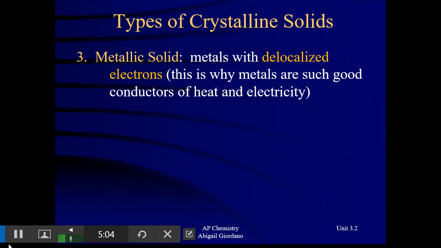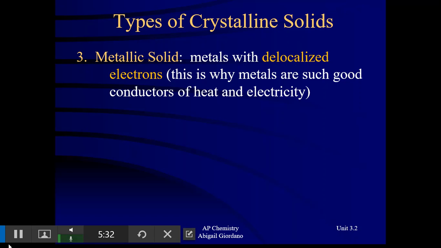All right, here's our third type. A metallic solid. Anything on your periodic table that is considered a metal is in this category. We've talked about metallic solids a little bit before, so let's review. Metallic solids are going to be positively charged cations with their electrons flowing all over the place.